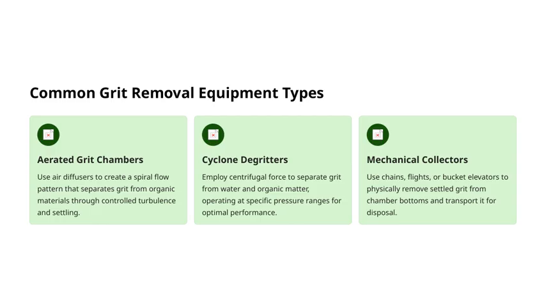They use chains, flights, or bucket elevators to physically remove the settled grit from the bottoms of the chambers. This equipment then transports the grit for disposal, making the process more automated and efficient. All of these types are essential tools in our overall approach to effective grit removal, helping us maintain cleaner water and improve downstream treatment processes.